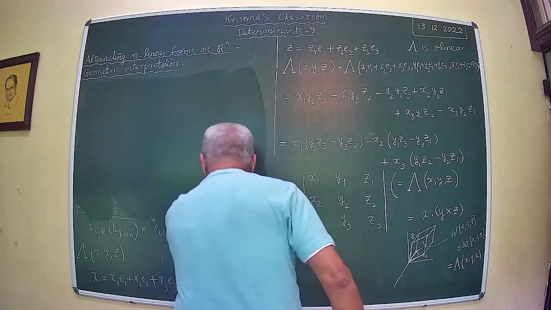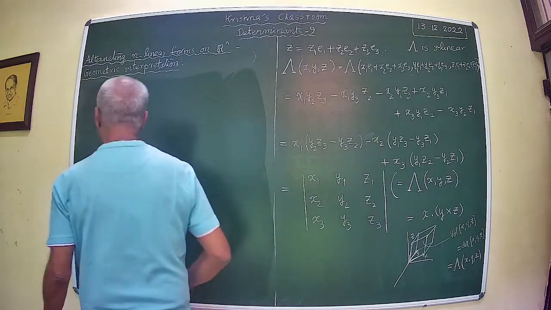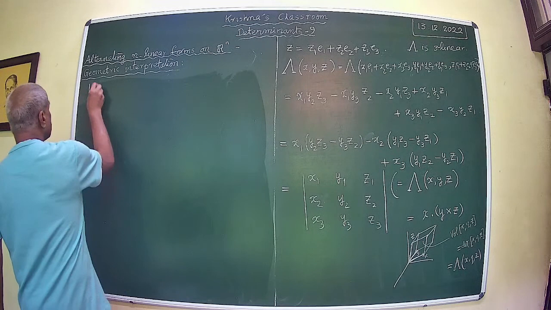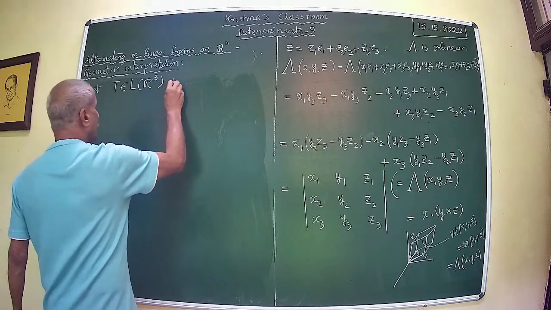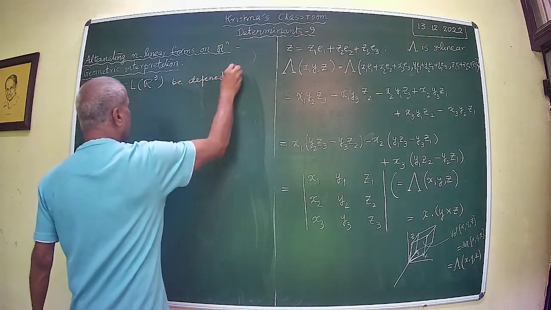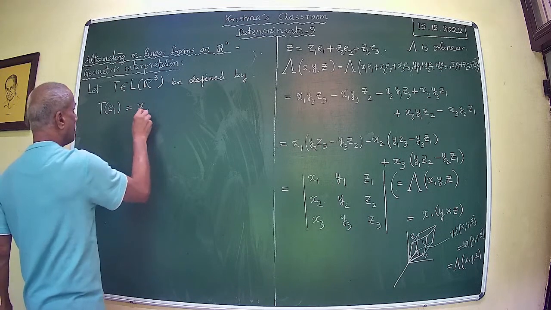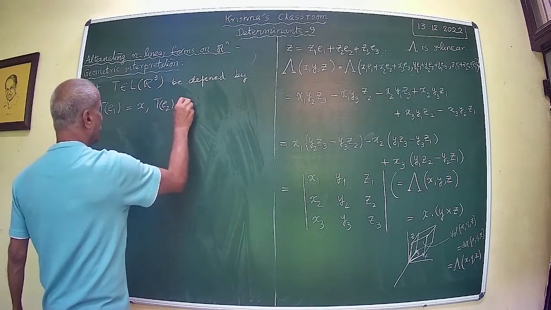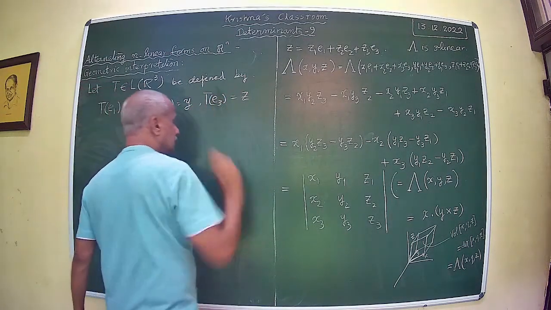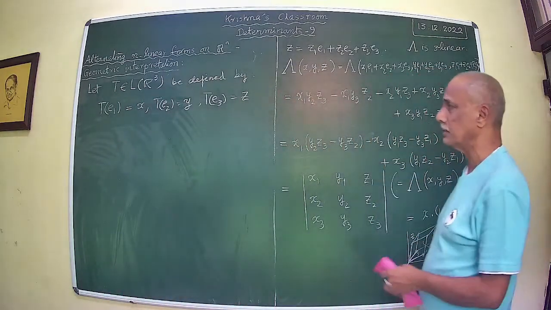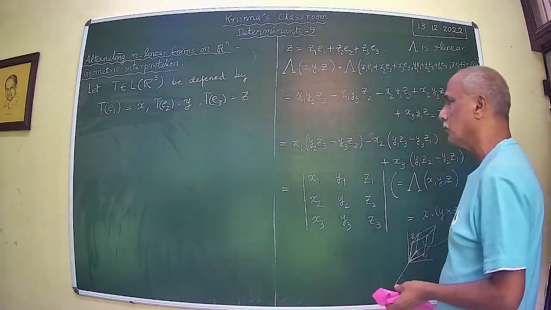Suppose we now define T, a linear transformation T on R3, by this x, y, z, which determines a linear transformation T by prescribing T1 equal to x, T2 equal to y, T3 equal to z.